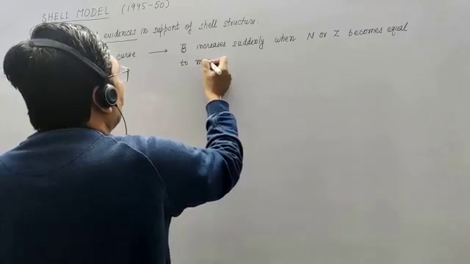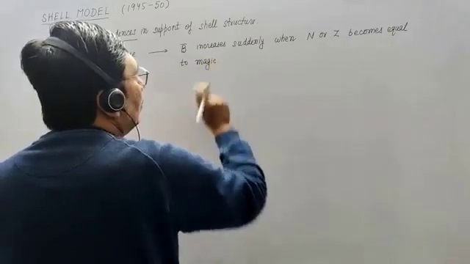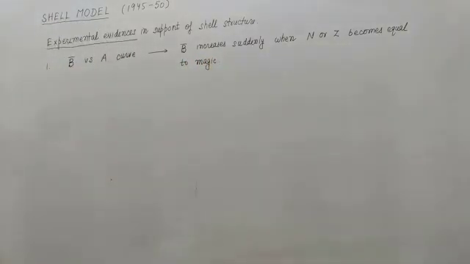Whenever N or Z becomes equal to a magic number, you will find that the average binding energy of the nucleus suddenly increases. You will find a remarkable increase in the average binding energy. This was the first evidence they provided.